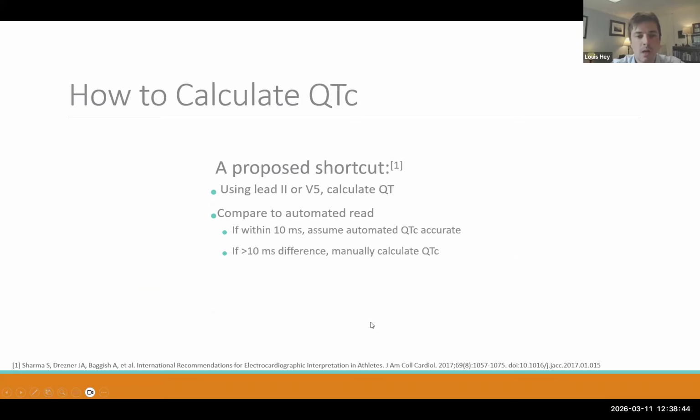And so a lot of papers that deal with this recognize the burden of manually calculating a QT. What these authors recommended, they were examining asymptomatic athletes and trying to make broad recommendations on what people should be looking at, EKG-wise, in athletes.